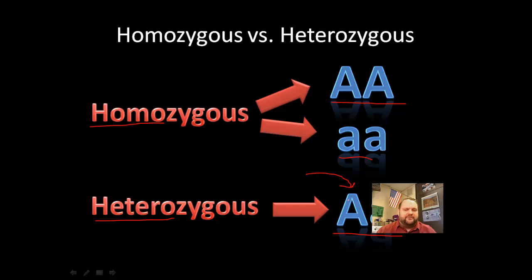You might want to say, oh, they have one violet, which is dominant, and one white, so you're going to write VW. That's wrong. We always keep the letters the same and just use the capitalization to determine whether it's dominant or recessive. So that's homozygous versus heterozygous.